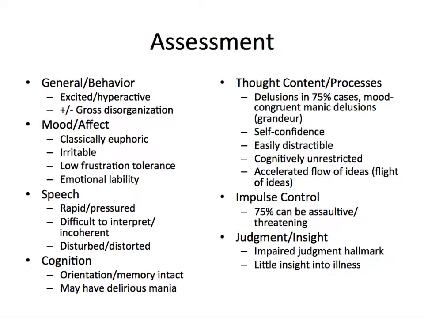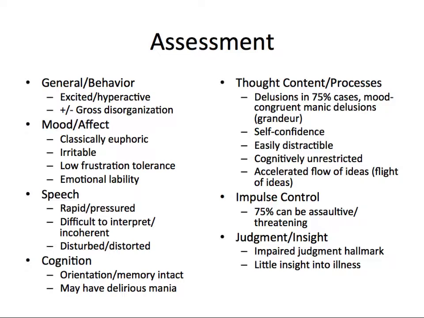Orientation and memory are usually intact, but these patients may experience delirious mania. Delusions occur in 75% of cases, and they're often mood-congruent manic delusions, such as delusions of grandeur. They have a high degree of self-confidence and are easily distractible.